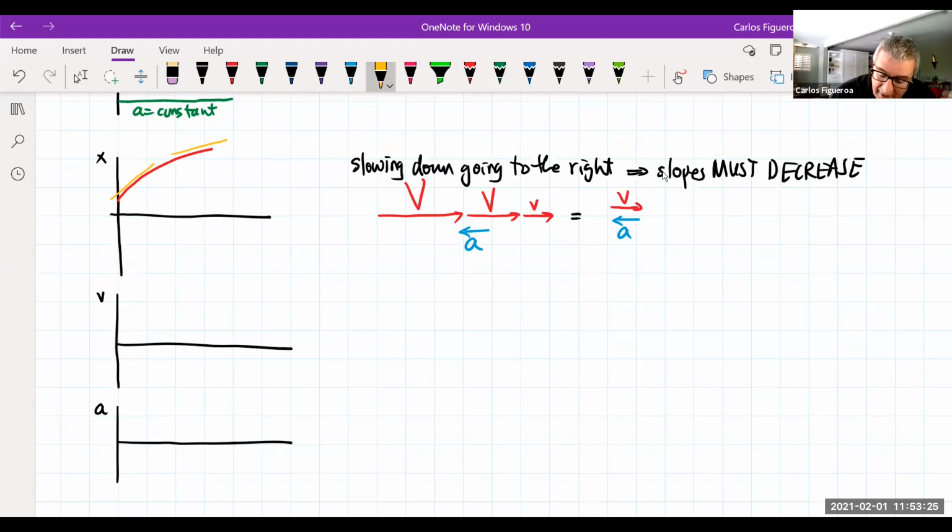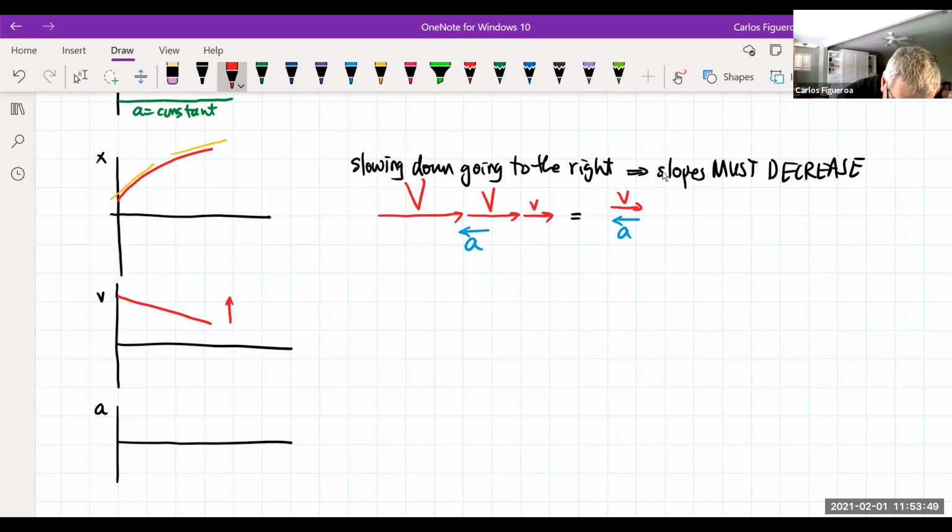So if you do that, then you could imagine that if my slope is decreasing, my velocities must be decreasing. So according to our definition here, our velocities must be going from a higher value to a lower value, right? So I have to have a decrease.